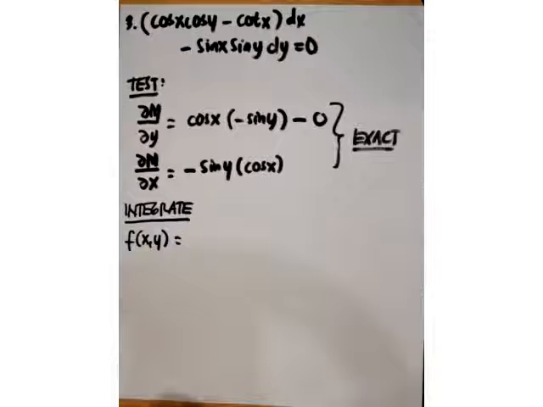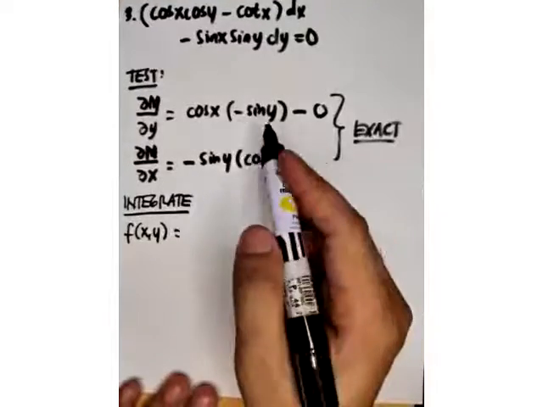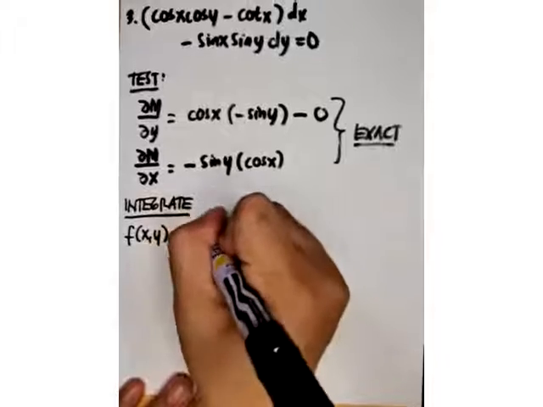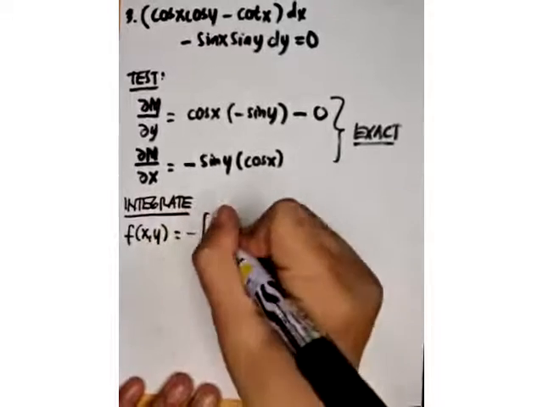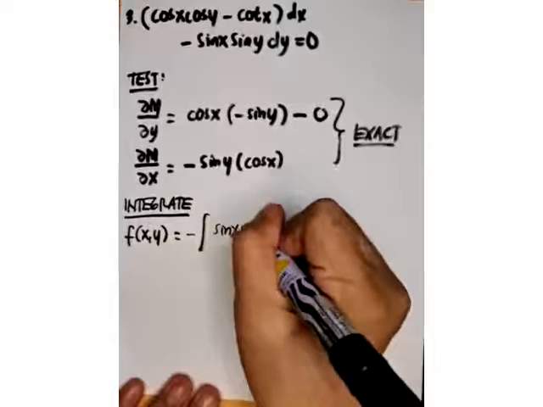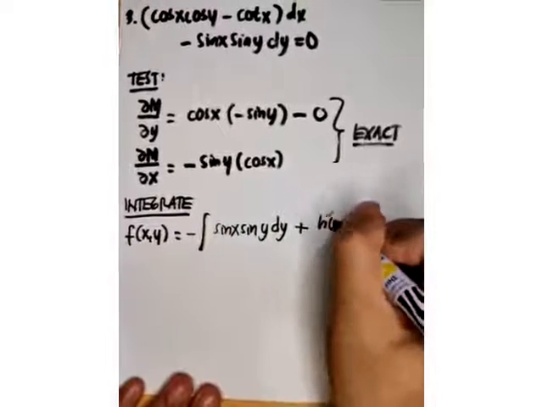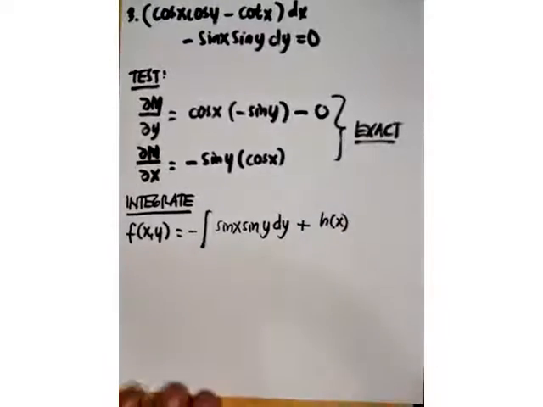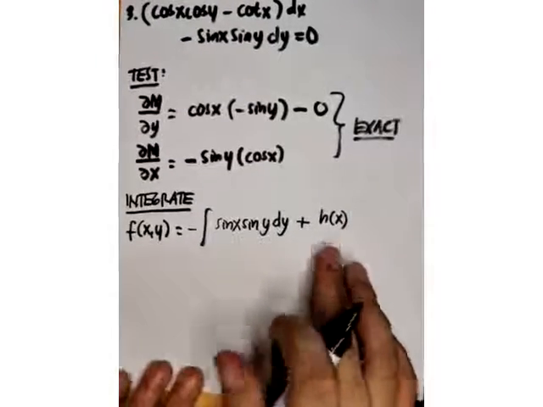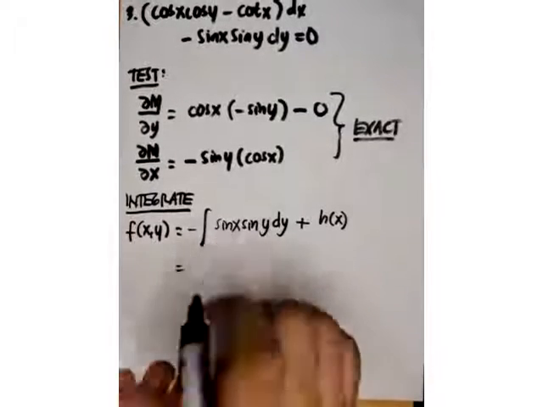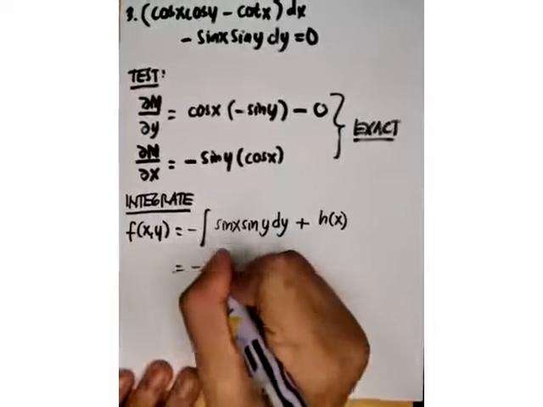Since majority tayo, so tayo sa M. Okay, so that's negative, the integral of sin x sin y dy plus h of x. Do not forget the arbitrary constant, h of x. So let's integrate. So sin x will be a constant.